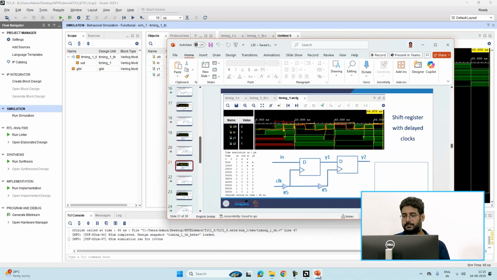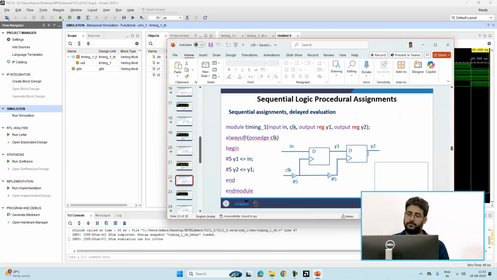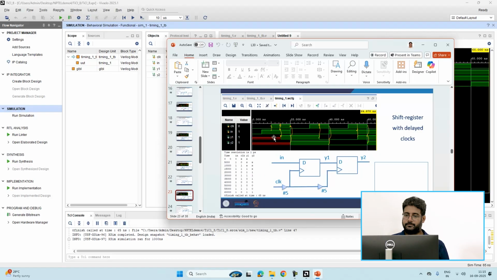You can see here in the circuit, for Y2, it is like a clock delay of #10. #5 and #10: here it is a delay of #5, and here it is a delay of #10. It's similar to the previous case, which is shift register with delayed clocks. So we covered up to this.